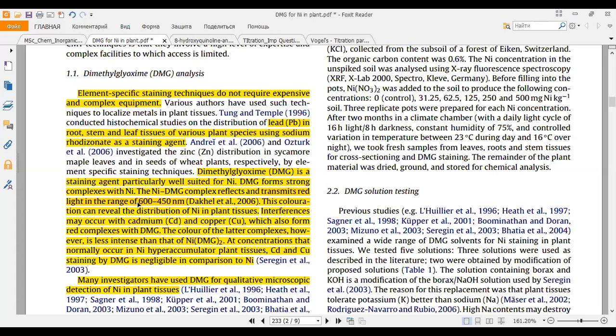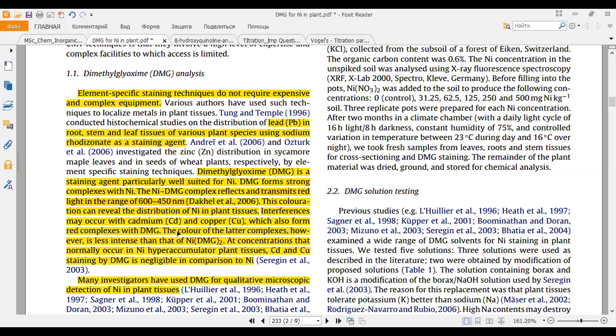However, the range for that is, as you know, that every color has a nanometer range. For the visible, we can see it. The region is 600 to 450 nanometer. Okay, and this was reported by this article. This coloration can reveal the distribution of nickel in the tissue, right, as it can form the complex. So interference may occur with cadmium and copper, which also form a red complex with DMG.